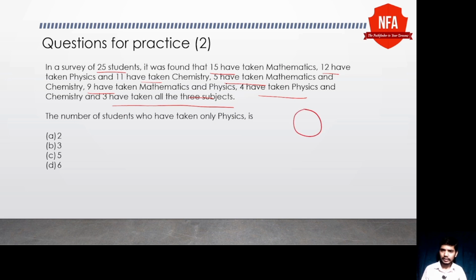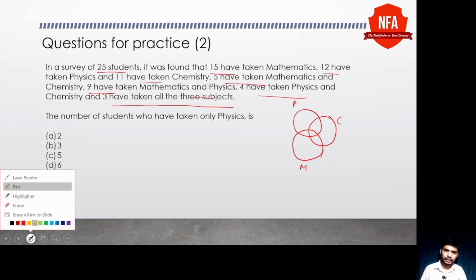Let's say we have 3 sets A, B and C, which represent physics, chemistry and mathematics. Now we will find the number of students who belong to only this region. Let me change the color.